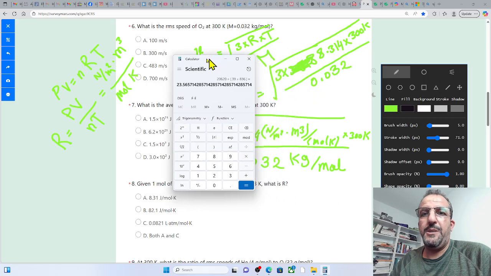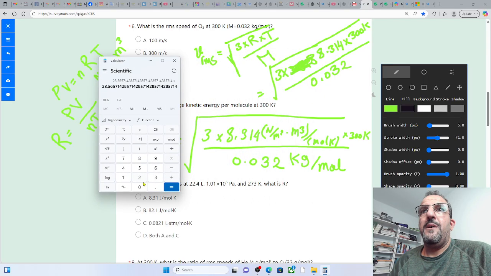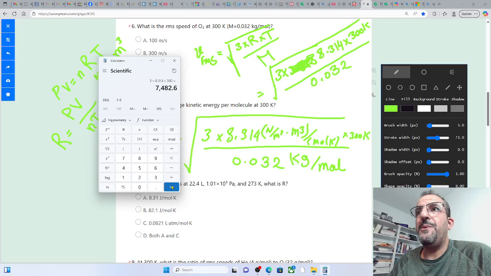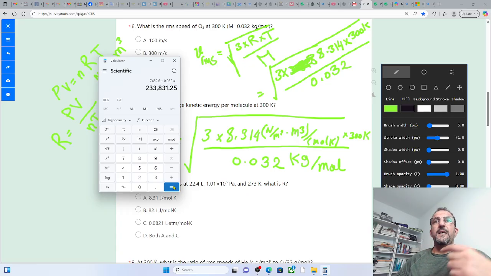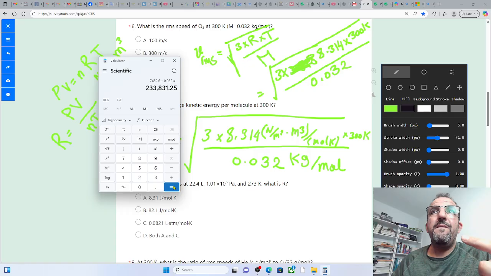This is the calculator, it is right here. So I have 3 times 8.314 times 300, so that's equal to, and then we divide that by 0.032, so that's equal to, and then we have the square root.